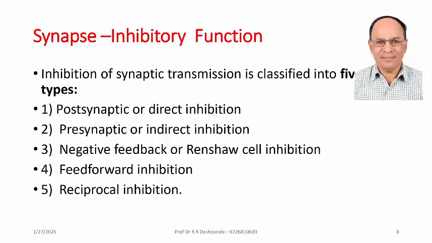First type, exactly as it is you have to write down: postsynaptic or direct inhibition. Both the names are important. Then second inhibition is presynaptic or indirect inhibition.